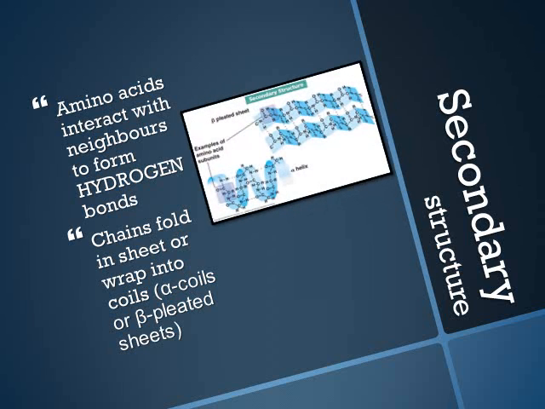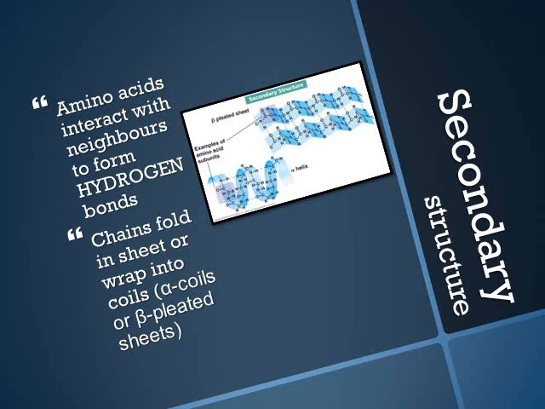So in this little graphic, we've got examples of both, and we can see little dots being used to illustrate where we're getting hydrogen bonding, again, between the nitrogen-hydrogen from the amino group and the oxygen that's part of the carboxylic acid group on the carboxylic end of the amino acid.